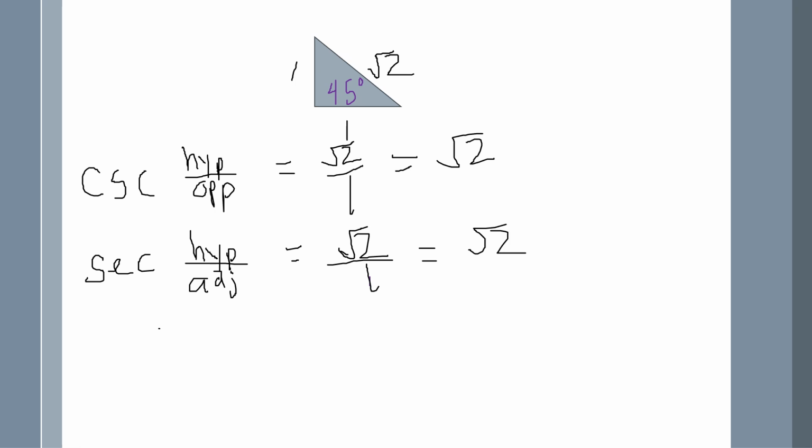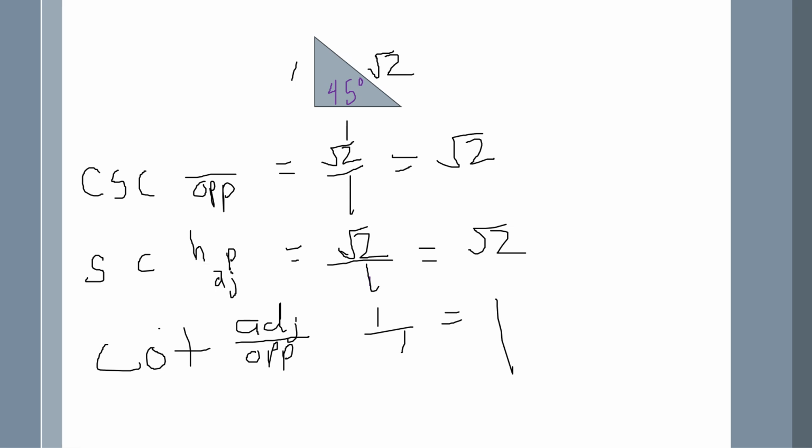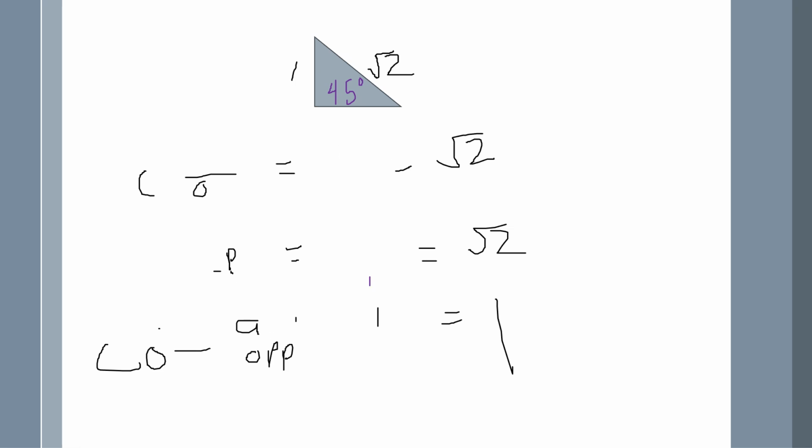And then cotangent being your inverse is going to be, instead of you saying opposite over adjacent, you're going to say adjacent over opposite, and that's going to be still 1 over 1, which is just 1 still. Alright, so those are the trig ratios of what we did. I think you guys got it from right here.